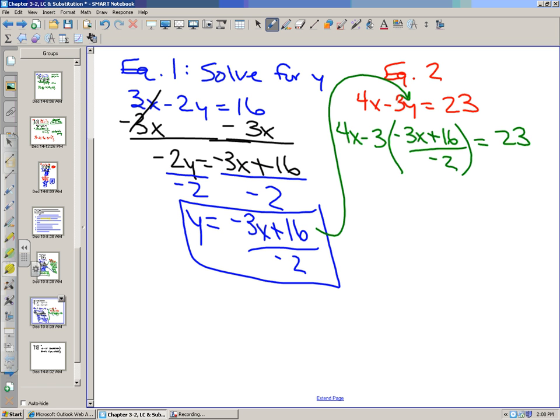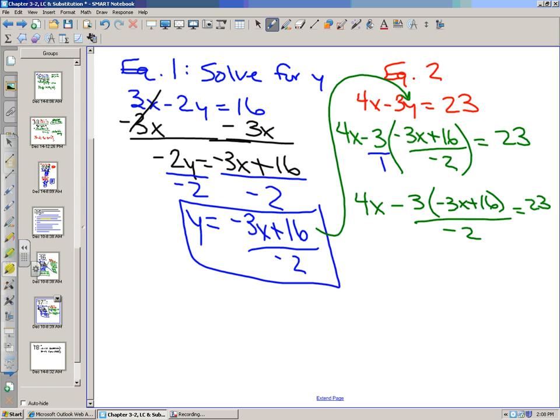Okay, so now we're going to put this 3 over 1. And what you're basically going to have here is negative 3 times the negative 3x plus 16 all over negative 2 equals 23. All I did is I got rid of the parentheses around the whole thing and just kept them around the numerator, because I multiplied the tops and I multiplied the bottoms.